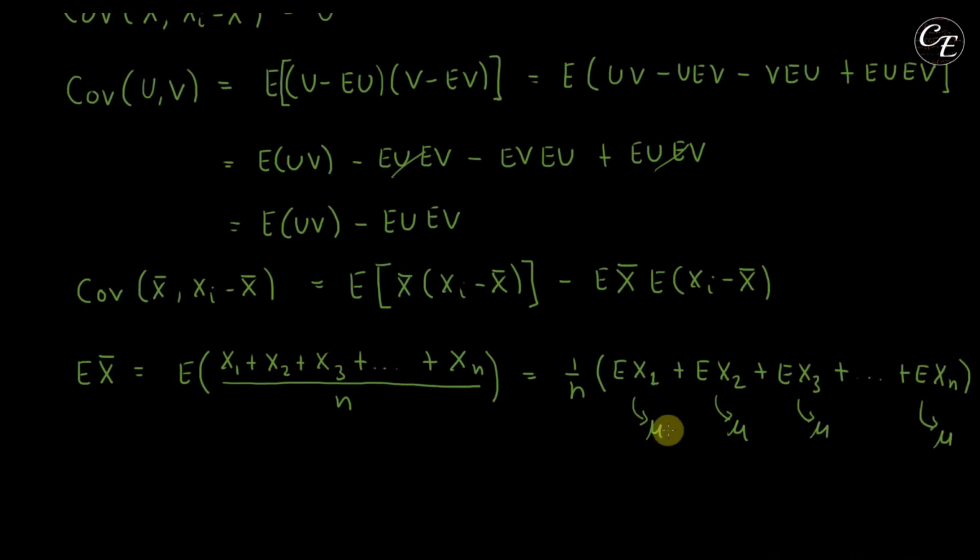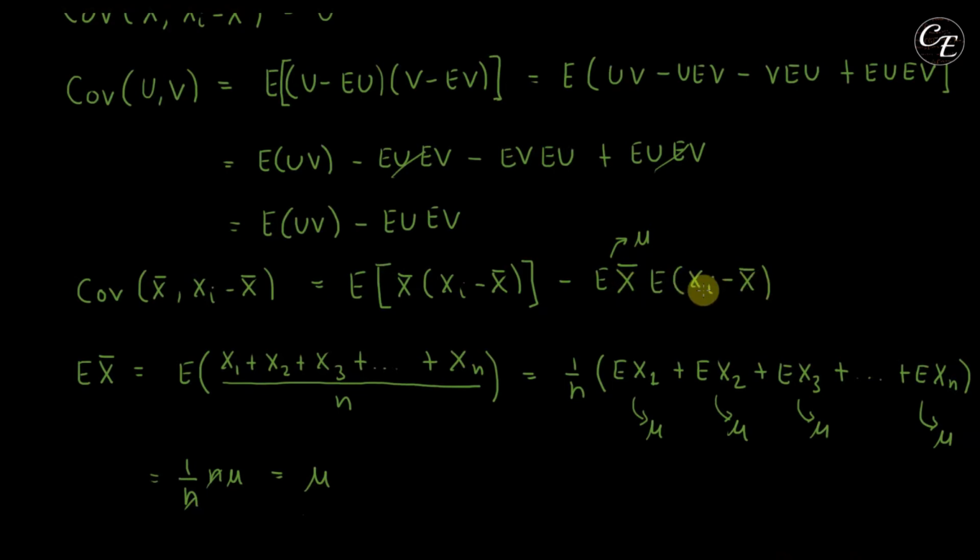So we have here n mu's being summed. So we have 1 over n times n times mu. We can cancel out this n and n, resulting in mu. So expectation of x bar will just be equal to mu.